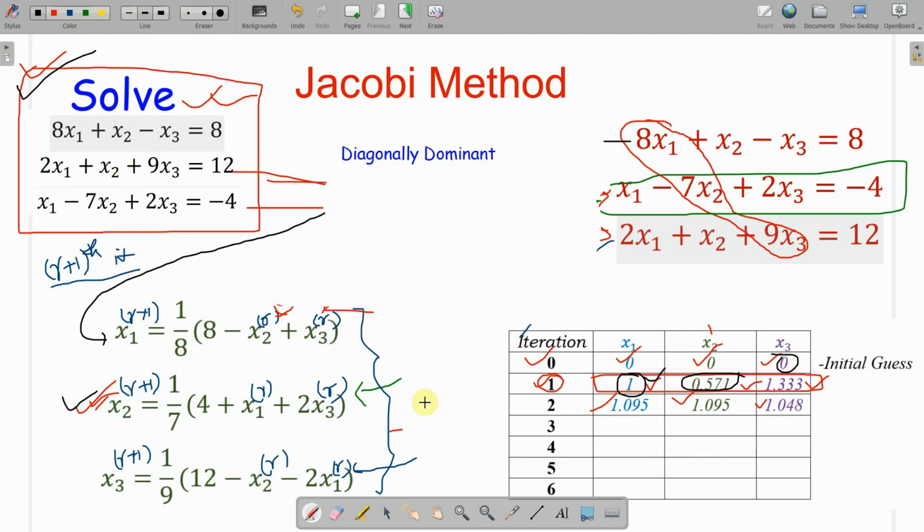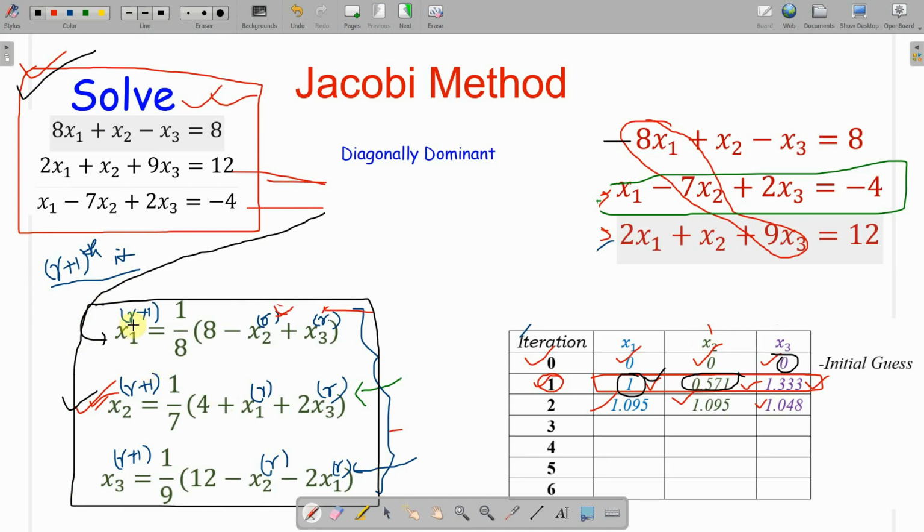These you have already written for the Jacobi method. Just write these values and then calculate these values for the Gauss-Seidel method.